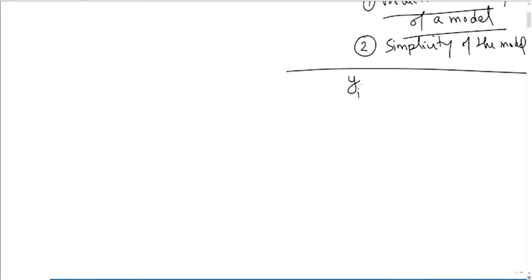It could be reaction time or responses or whatever, response accuracy. So let us say yi comes from this distribution. This is our likelihood function f of y given theta, and the parameter theta has some prior distribution, let us say p of theta. So let us say this is your model. Okay.